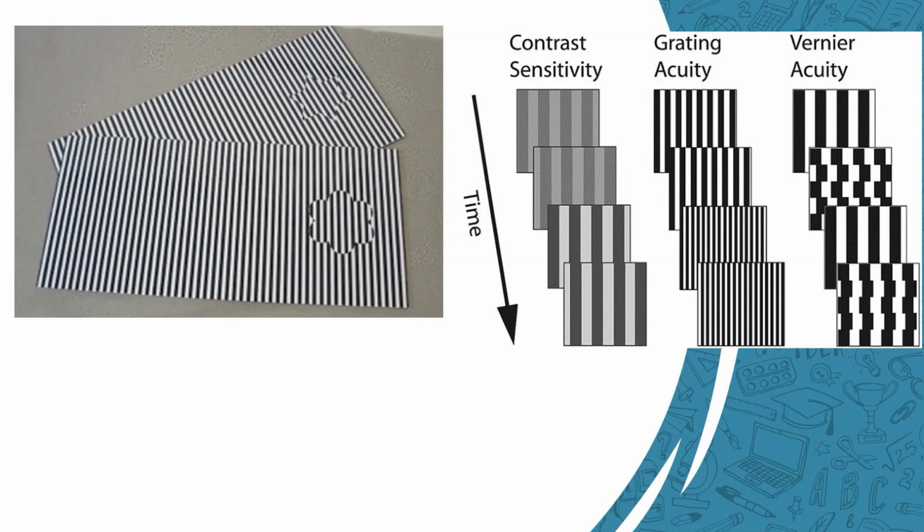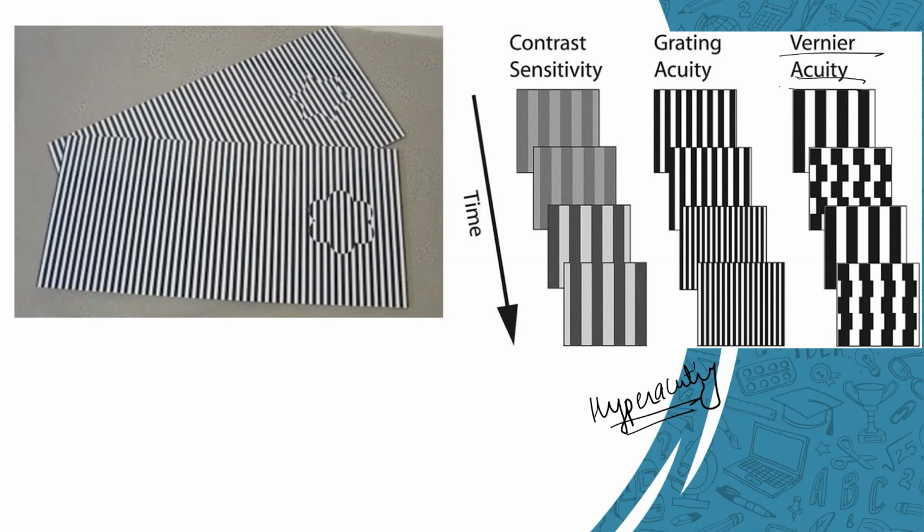Now in this image, if you are able to appreciate it, the lines are quite parallel. There is just a slight misalignment in the lines. This is known as hyperacuity or vernier acuity. Either you are able to identify this misalignment or not.